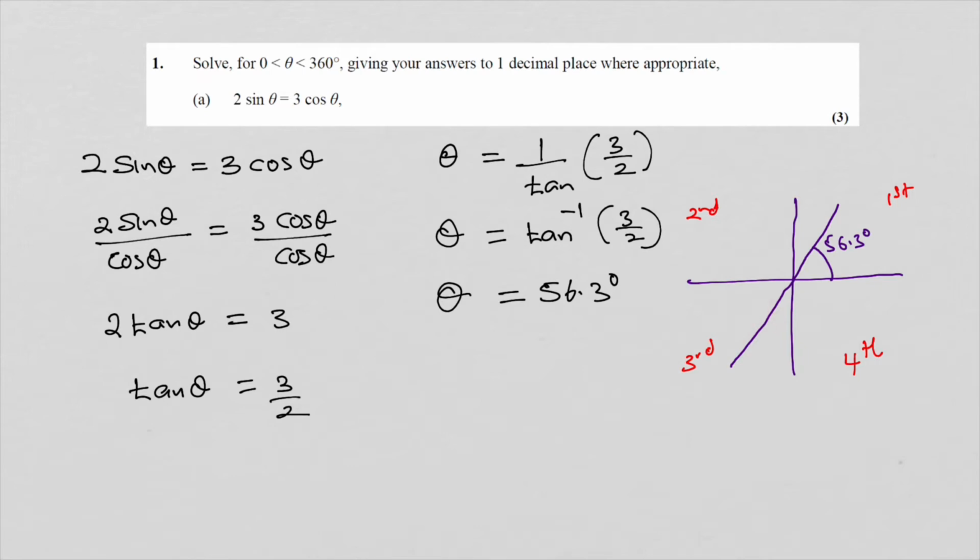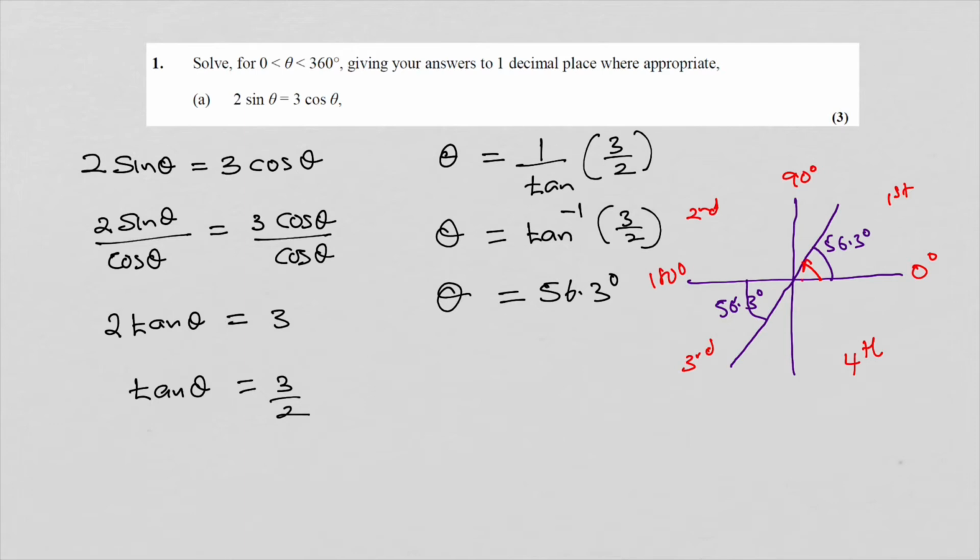So this angle is 56.3 degrees. But the way we measure angle, we measure from 0, so that's 0 degrees, that's 90 degrees, 180 degrees. So we measure from 0 to there, that's the first angle we're looking for.